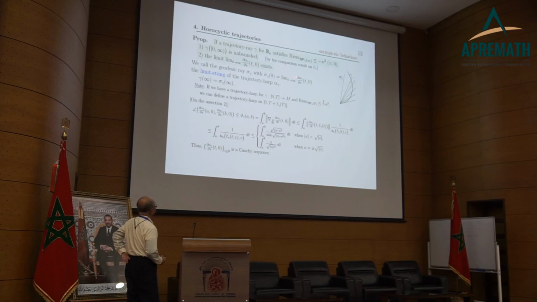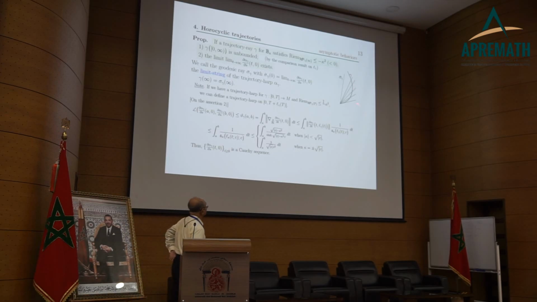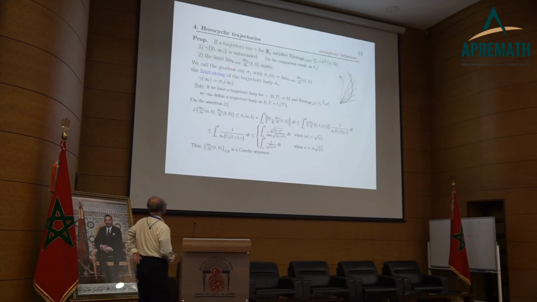Also, by using the comparison theorem on the zenith angle, the limit of the initial vectors of geodesics exists. So we can get the limit geodesic. We call the limit geodesic the limit string of this trajectory half. Of course, the limit point of the trajectory coincides with the limit point of the limit string.